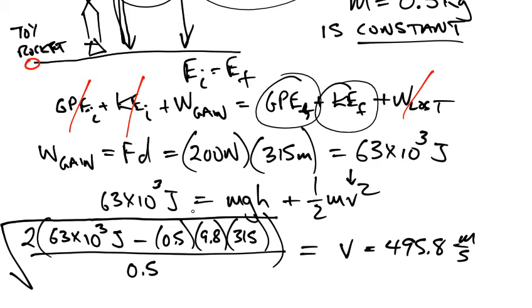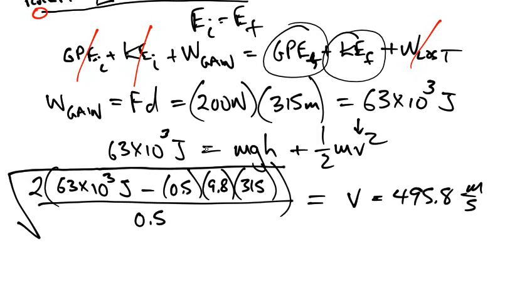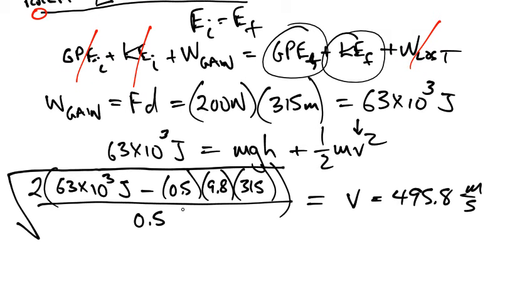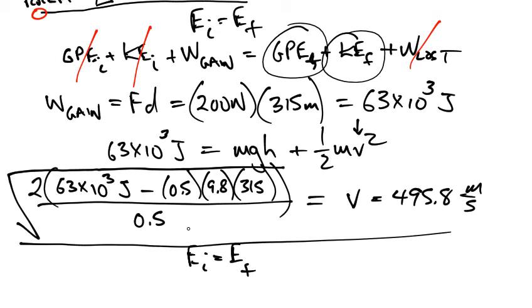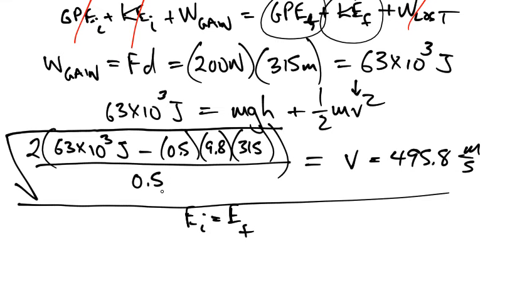Now, if we wanted to figure out how high this is going, we could actually do this problem again, because at the highest point, you see, we could just simply use this equation again to solve for part B. But this time, we would say the gain in energy from the thrust force, we no longer have a kinetic energy this time.